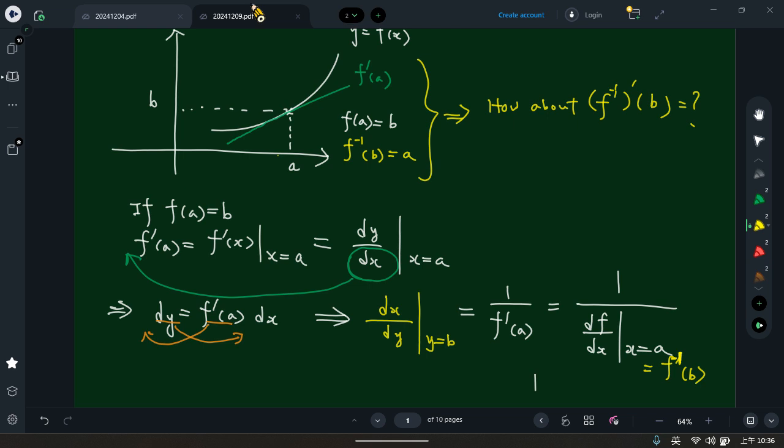When we want to get the derivative of the inverse of f, that changes into: when we see a small change in y, how much change will it cause in x? That means dx.